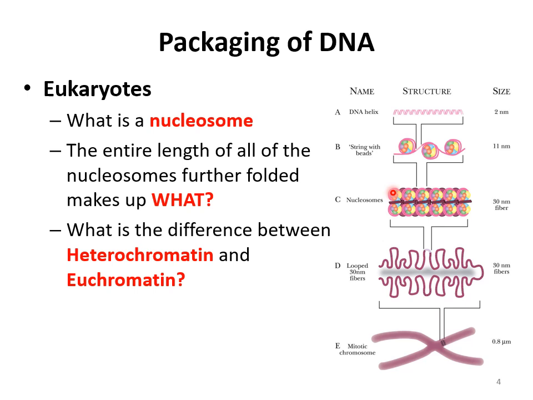Then you have a whole bunch of nucleosomes that are linked together. The entire length of all of the nucleosomes lined up, coiling the DNA, folded up, makes up what is called chromatin. And chromatin is critical for fitting all of that DNA into a tiny nucleus.